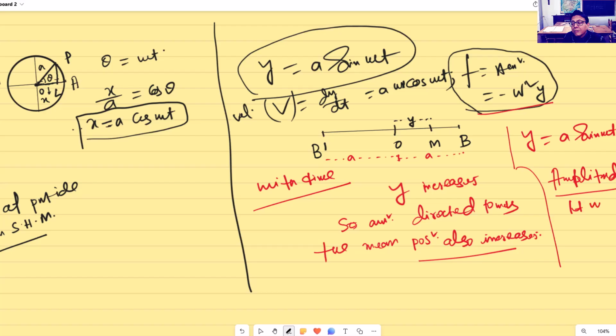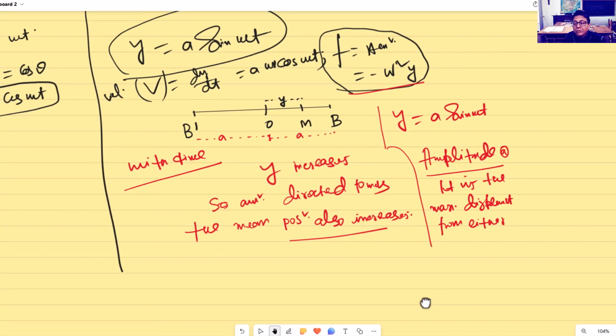It is the maximum displacement on either side of the mean position.